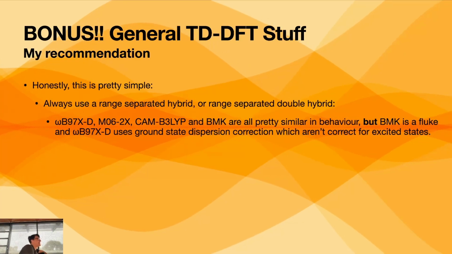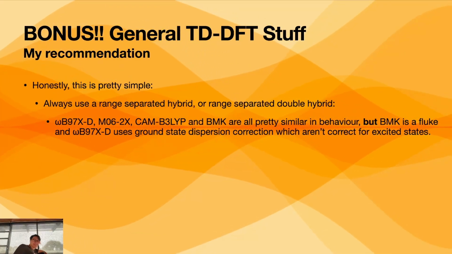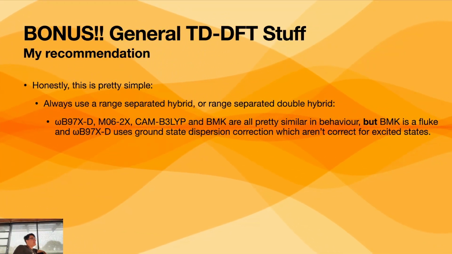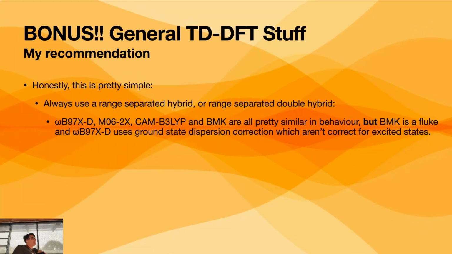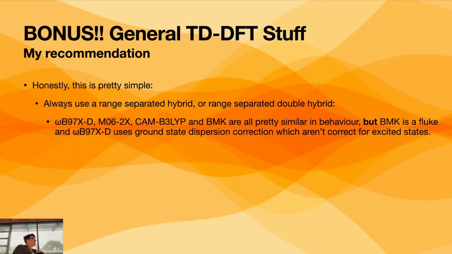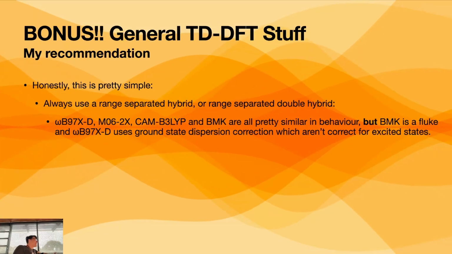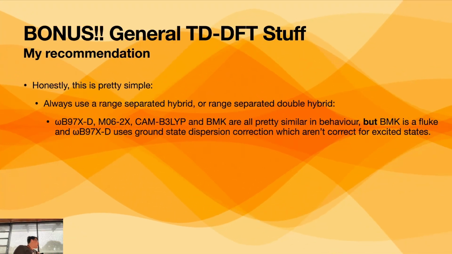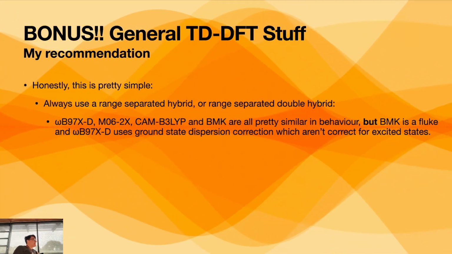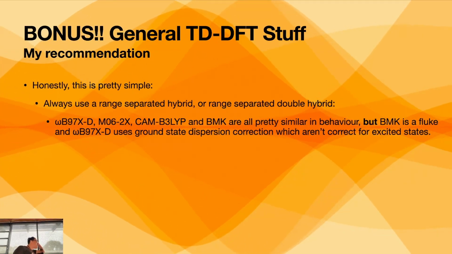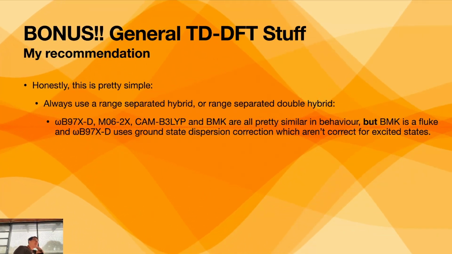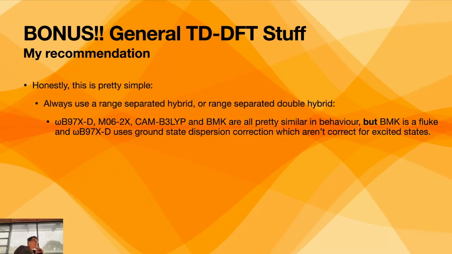Not so good for barrier heights. Still need more work in terms of investigating why it's good for excited states. Omega B97XD is great for ground state dispersion, but because it uses ground state dispersion, we don't really know why it works particularly well for excited states, but probably not the best for optimizing excited states.